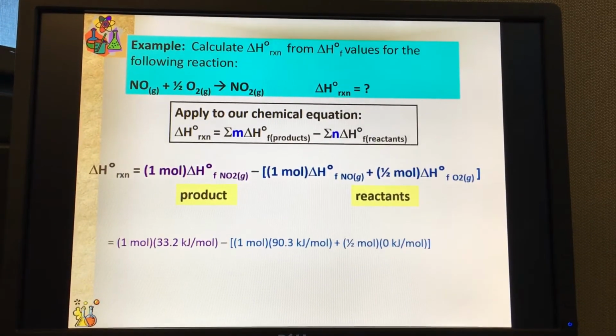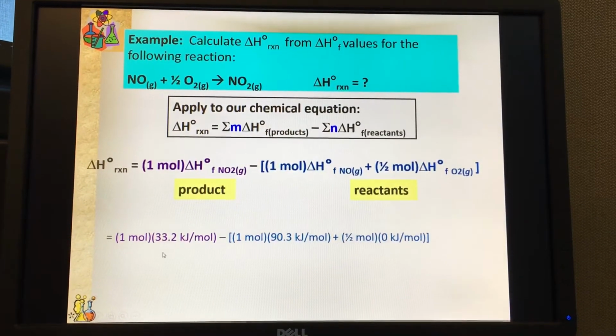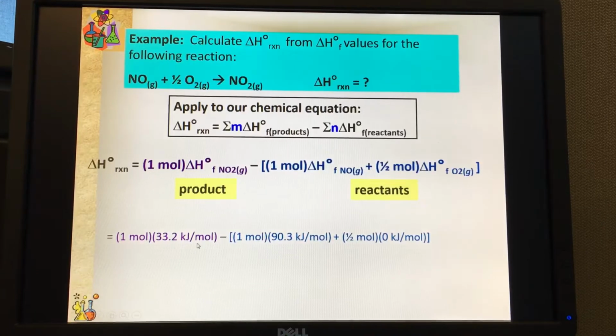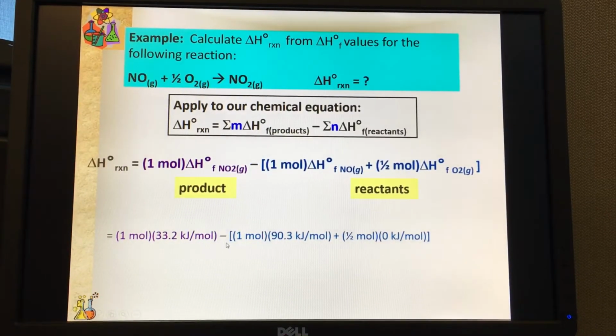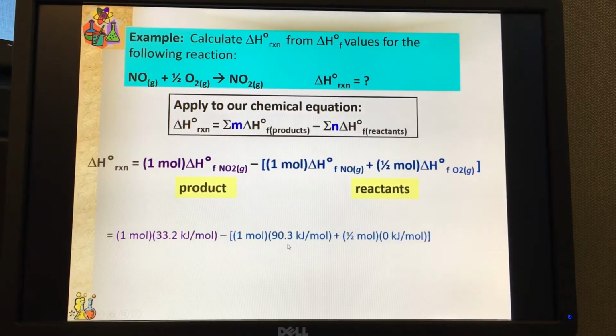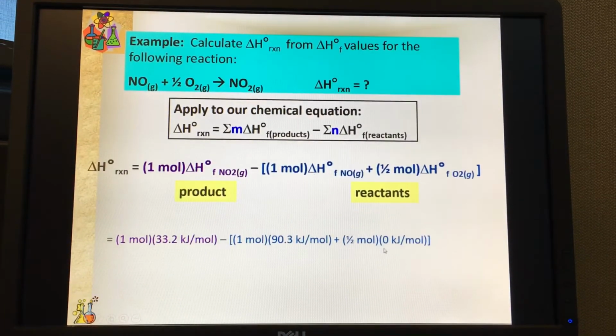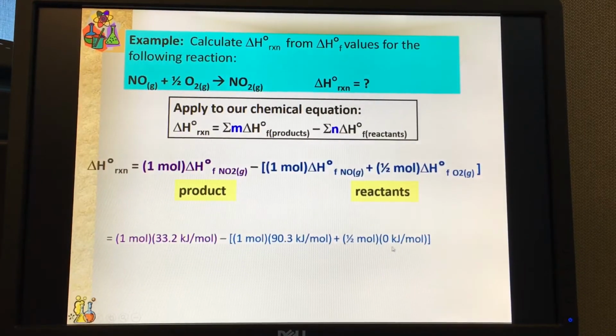Let's plug in our numbers. I used a table to look up the enthalpy of formation of nitrogen dioxide. It's 33.2 kilojoules per mole. And then we're going to subtract our reactants. Nitrogen monoxide has an enthalpy of formation of 90.3 kilojoules per mole. And oxygen, since it's a pure element, has an enthalpy of formation of 0.